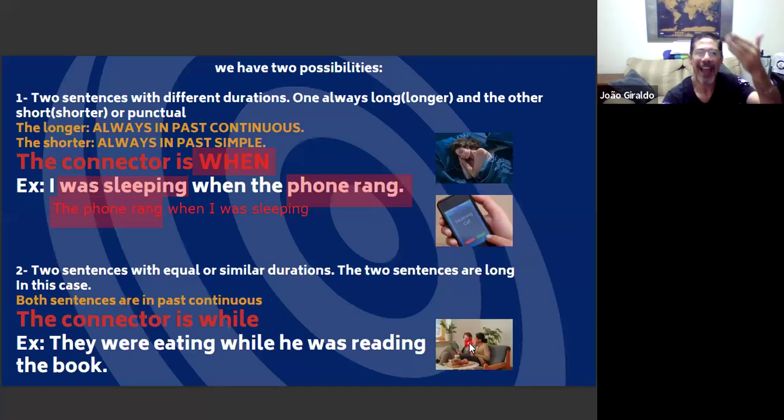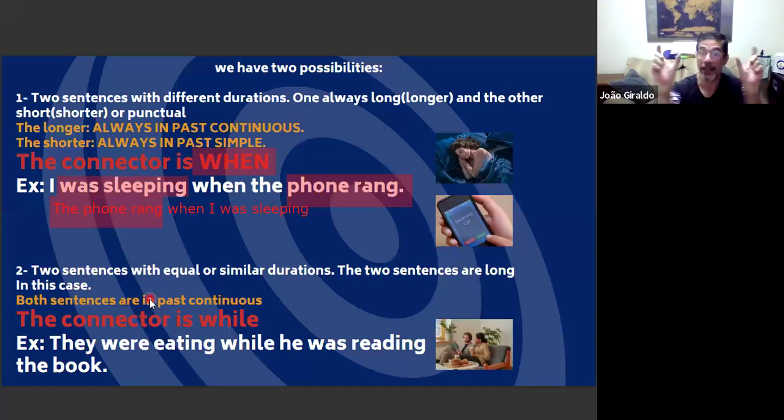Okay? And in the same moment, with the same duration they are eating, the man is reading a book. I am reporting, I am telling a sentence about the past. So I need to use past continuous. So in this case, the two sentences have equal or similar close durations.